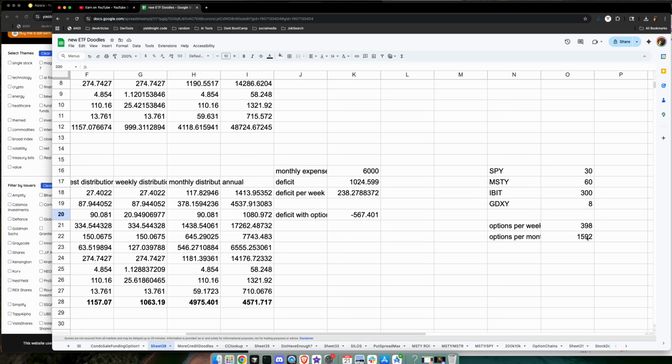But the problem that I was facing is I sold NVYY, which had like 101% distribution rate, and PLTW, which has a 40% distribution rate. So together, that's like a 70% distribution rate.